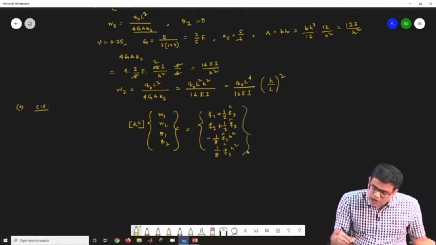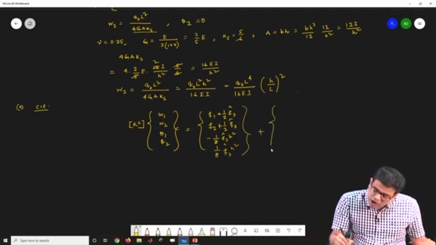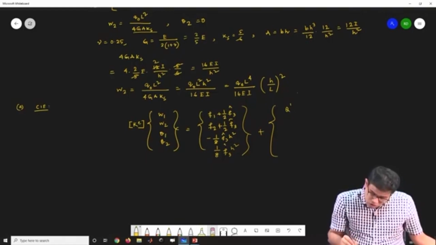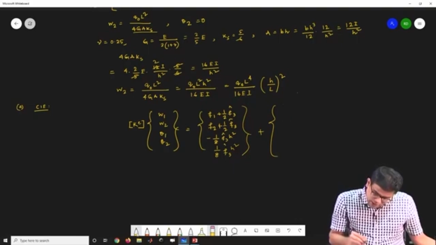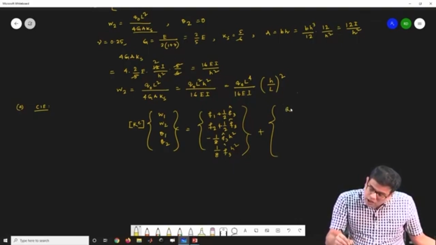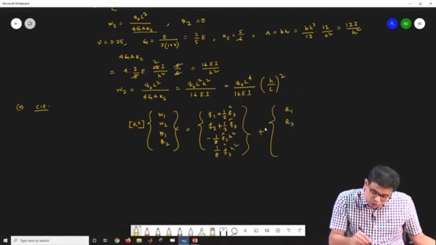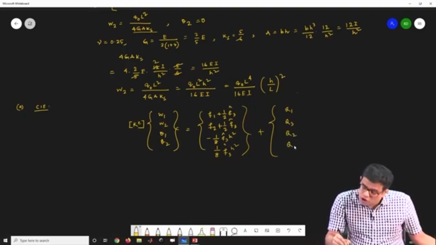Now this plus, this is from q1, q3, so these are displacement nodes, you see, and then this is q2 and then q4.